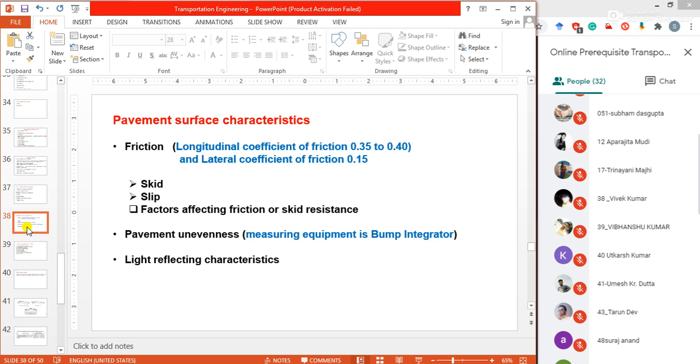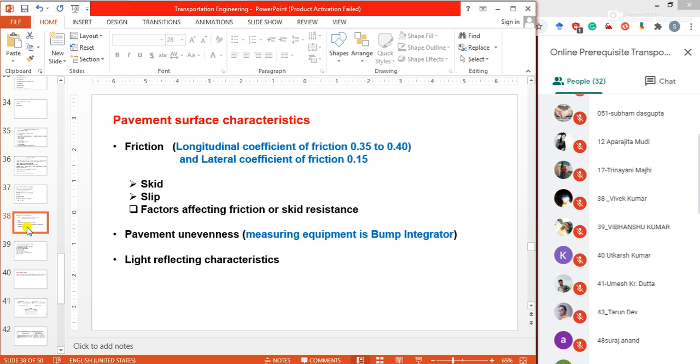This is called lateral friction, and it is developed due to centrifugal force. We'll discuss centrifugal force in our super elevation section. It is also known to you from your physics, where it was discussed what centrifugal force is and what the overturning situation is.